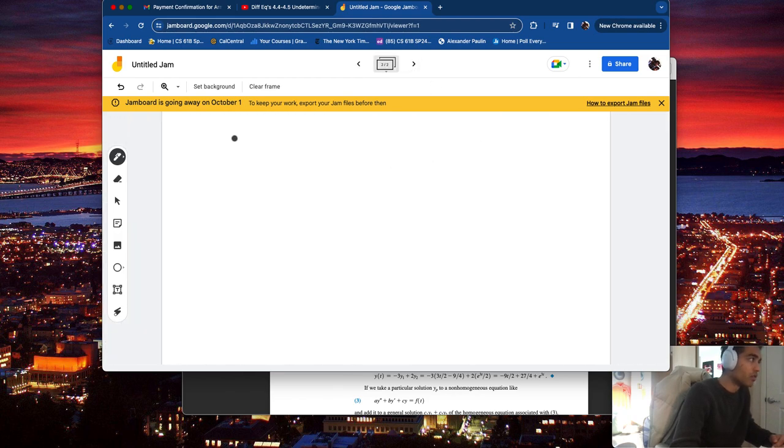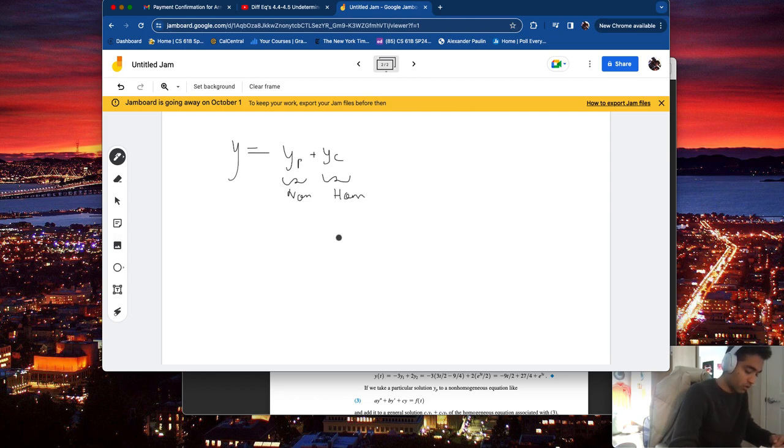So first, the general solution will always contain the particular solution plus the homogeneous case. So this is the non-homogeneous yp, and then this is the homogeneous case.